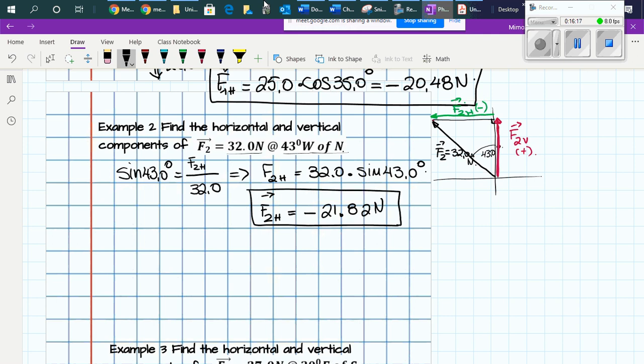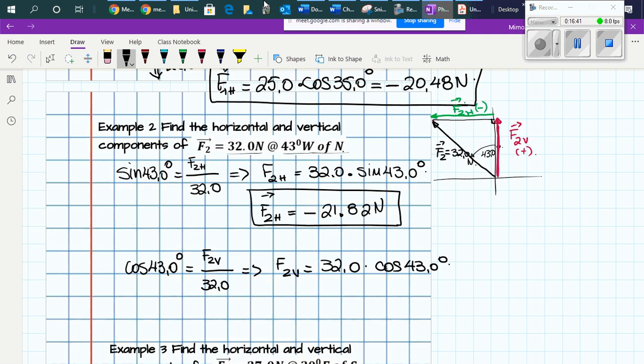And then the vertical component is the adjacent, so cosine 43 is equal to F2 vertical over 32. From here we find that F2 vertical is equal to 32 times cosine 43 degrees.